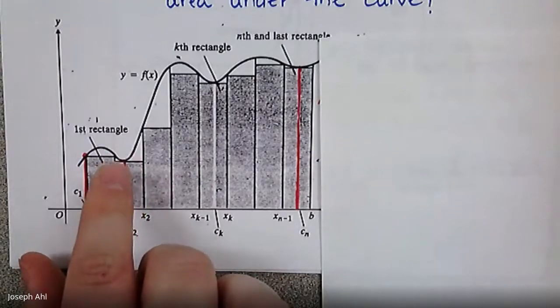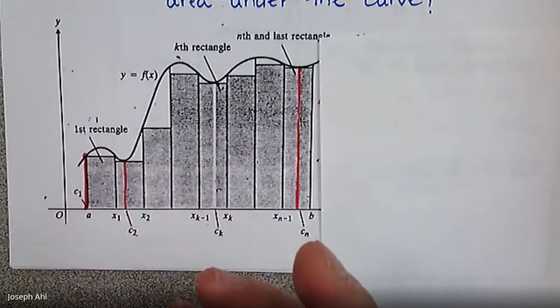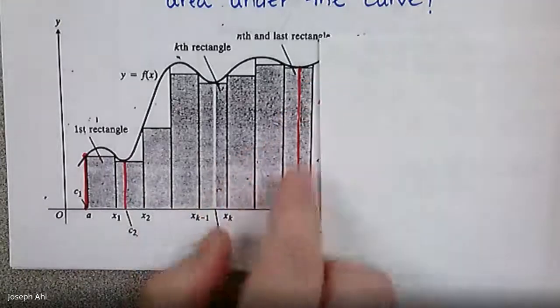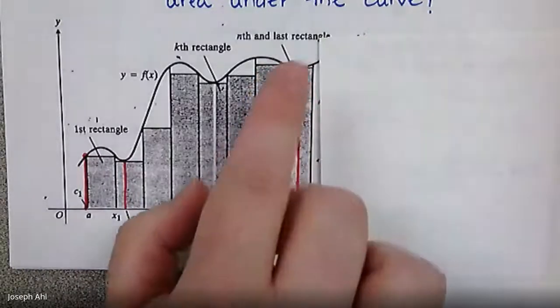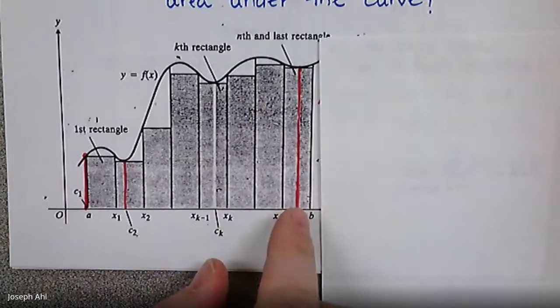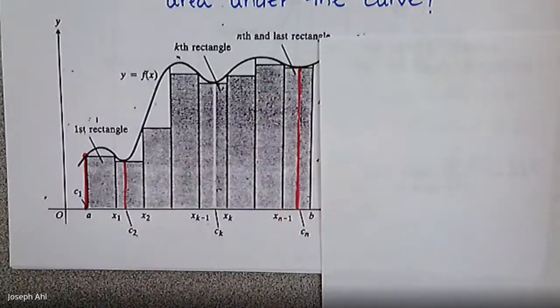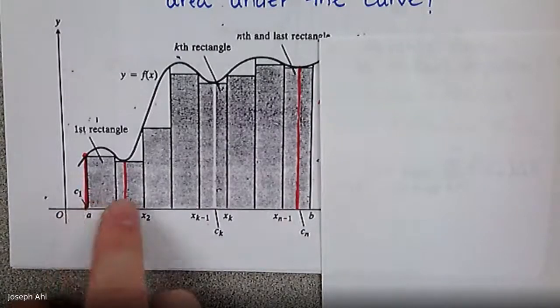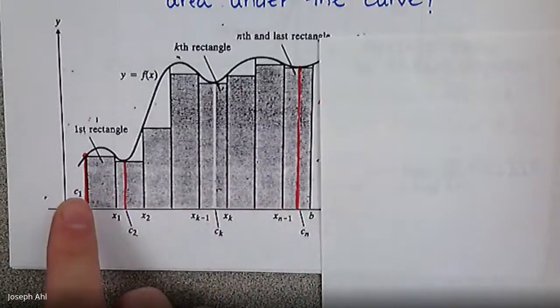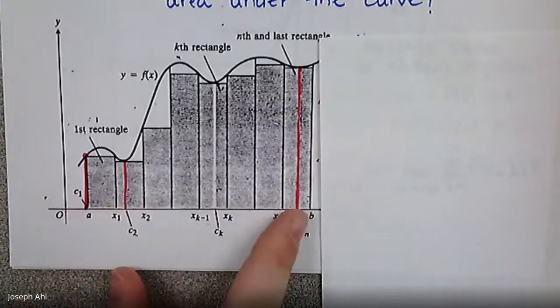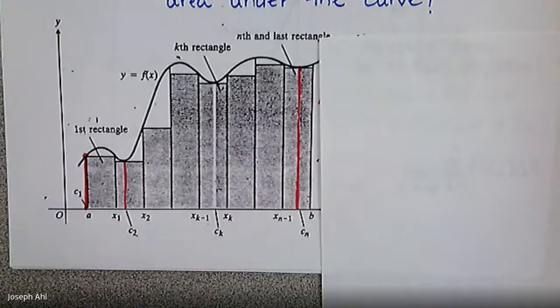So it's not a left endpoint, it's not a right endpoint, it's somewhere in between. And look at this last rectangle over here, the C sub n, right? The height of that rectangle occurs, again, somewhere over the interval. So we're not only going to start looking at exactly inscribed and circumscribed and LRAM and RRAM, we're going to start looking at rectangles drawn underneath at varying heights along the way.